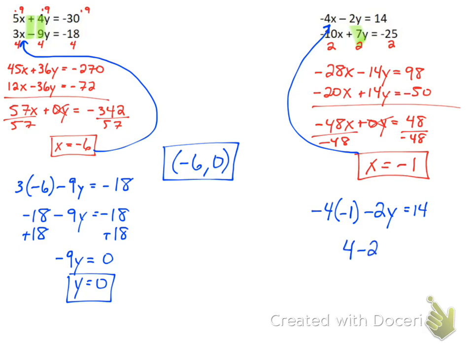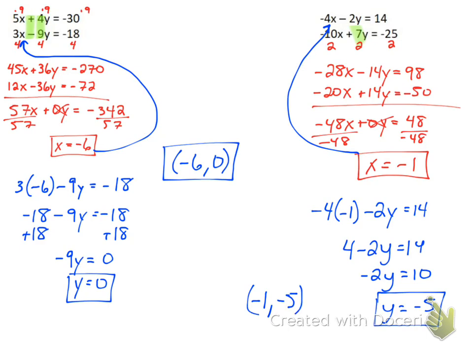So 4 minus 2y is equal to 14. Negative 2y is equal to 10 by subtracting the 4 to the other side. y is equal to negative 5 by dividing both sides by negative 2. So the ordered pair solution is negative 1, negative 5. And there we go.